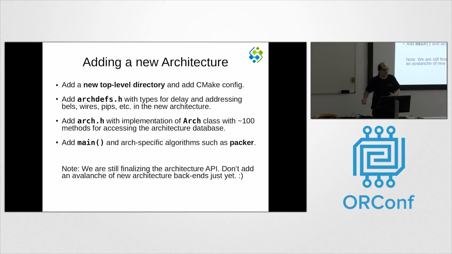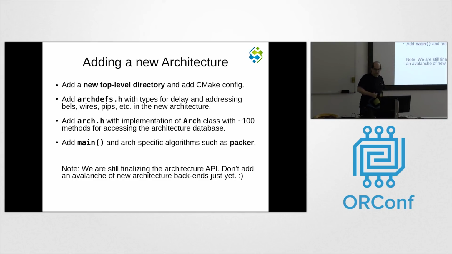In another architecture, a wire might be identified by a pair of x and y coordinates identifying the tile, and then an integer that is an index in a per tile list of wires, for example. So each architecture can choose whatever fits the architecture best and just adds those implementations of those types there, and then the rest of nextpnr on compilation will use the appropriate types.